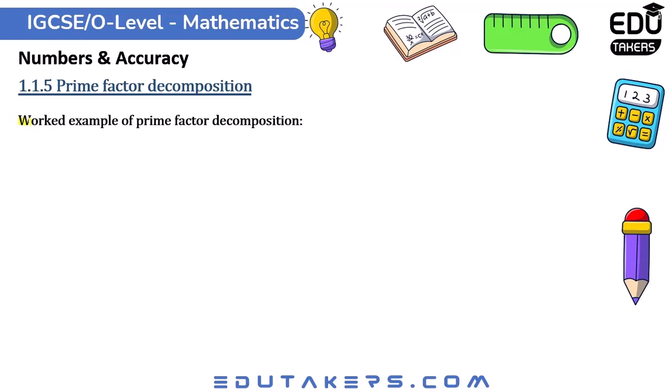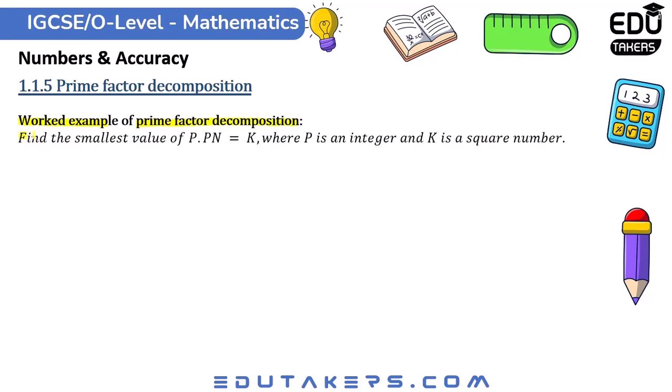Here we have a worked example of prime factor decomposition. Find the smallest value of p, where pn equals k, p is an integer and k is a square number. n equals 2 raised to power 4 times 3 times 7 raised to power 5.